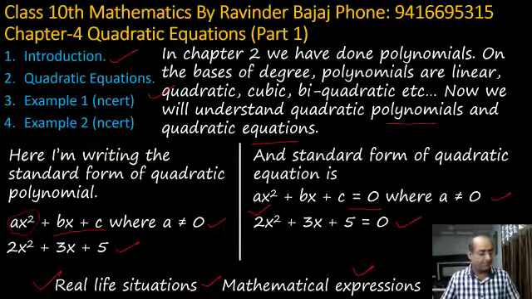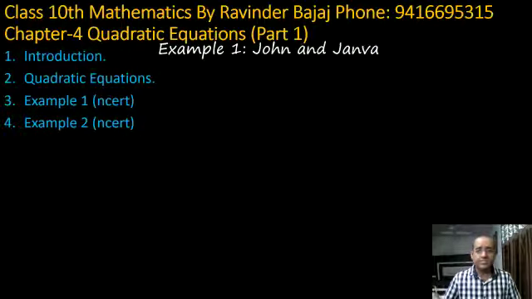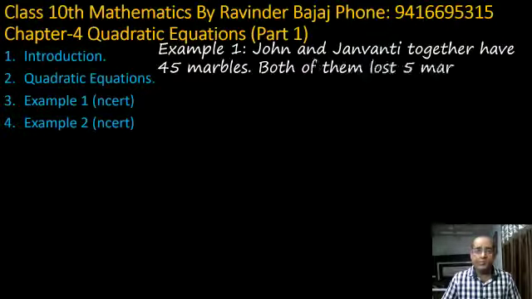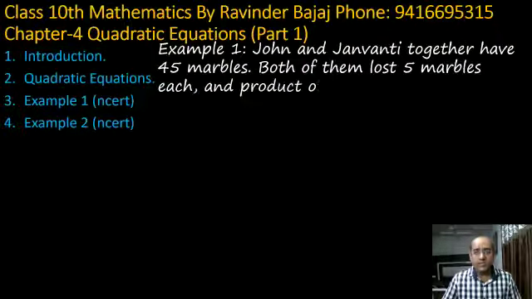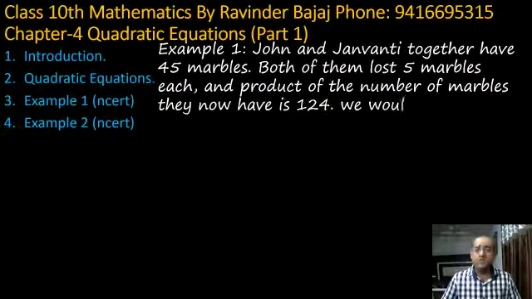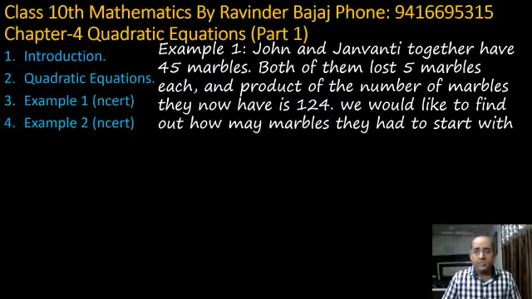So see one example. This is example number 1. John and Jivanti together have 45 marbles. Both of them lost 5 marbles each, and the product of the number of marbles they now have is 124. We would like to find out how many marbles they had to start with.